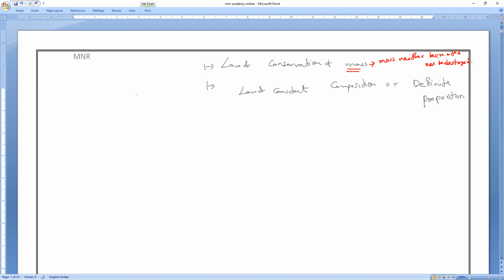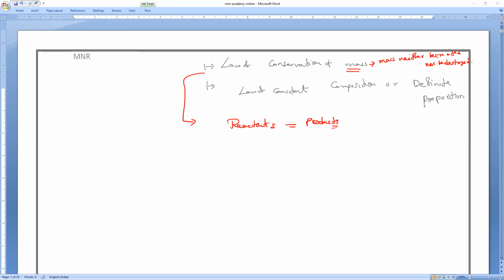It means the mass of the reactants is equal to the mass of the products. Before the reaction, the total mass of reactants is equal to the total mass of products after the reaction.